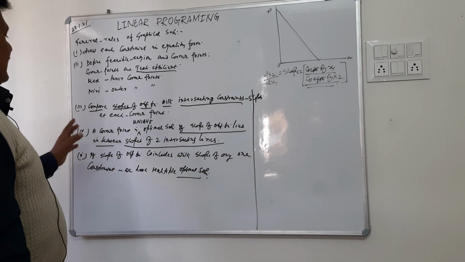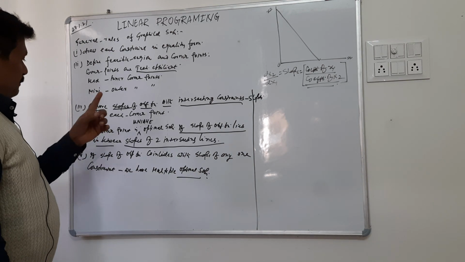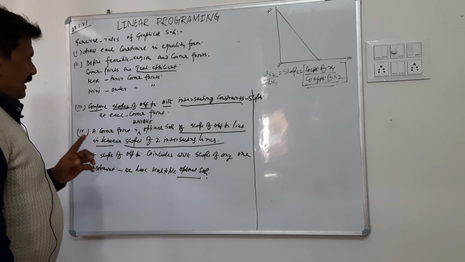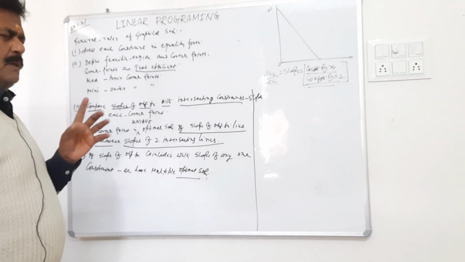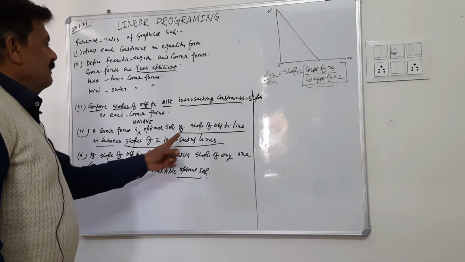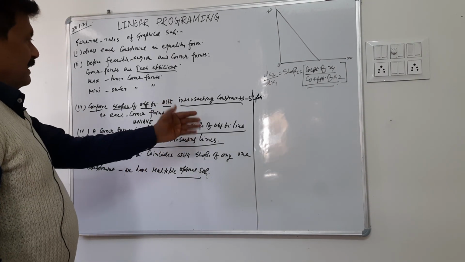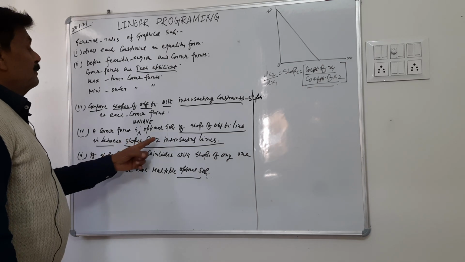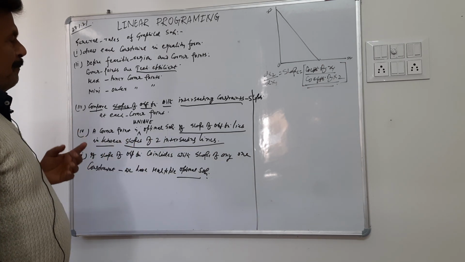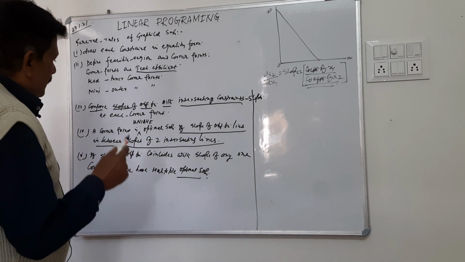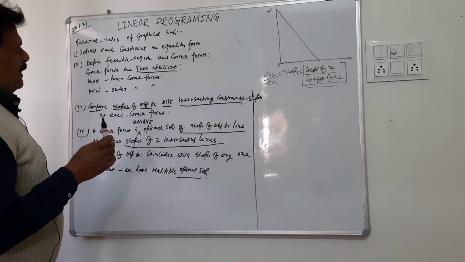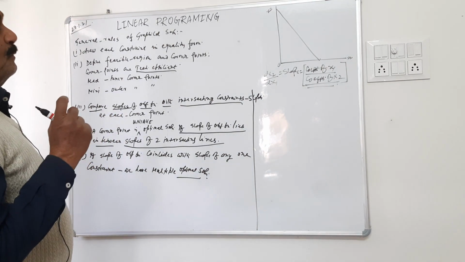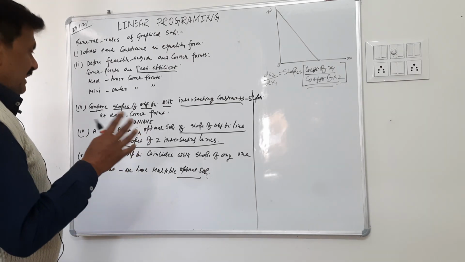Today I am just repeating it, that any corner point will be a unique optimal solution if the slope of the objective function lies in between the slopes of the two. Now, one possibility is that if the slope of the objective function just coincides with the slope of any one constraint, it's a very rare case, but it does happen.